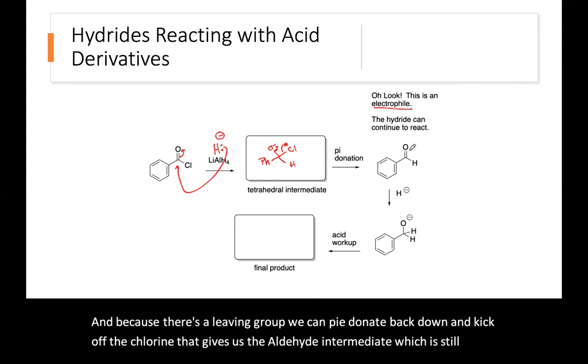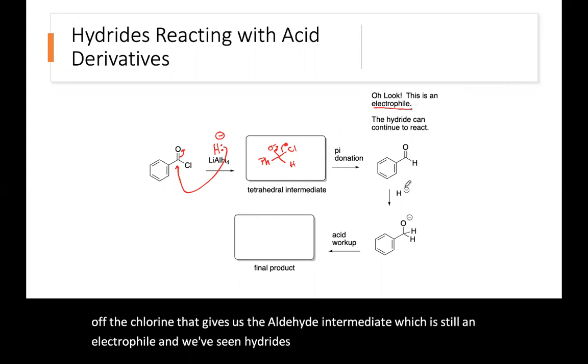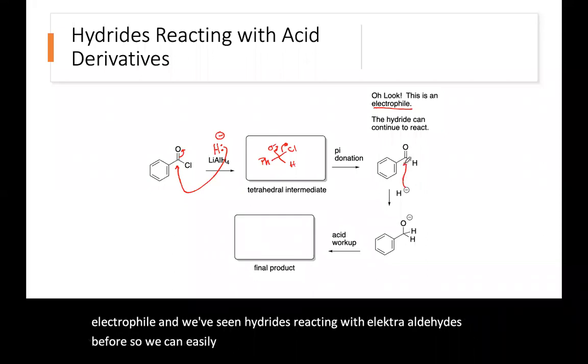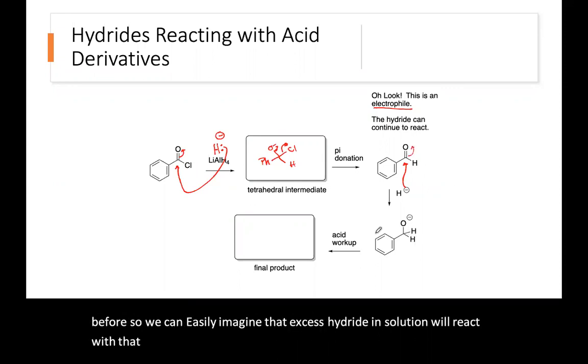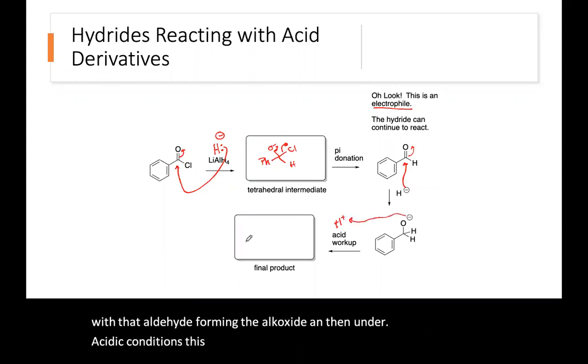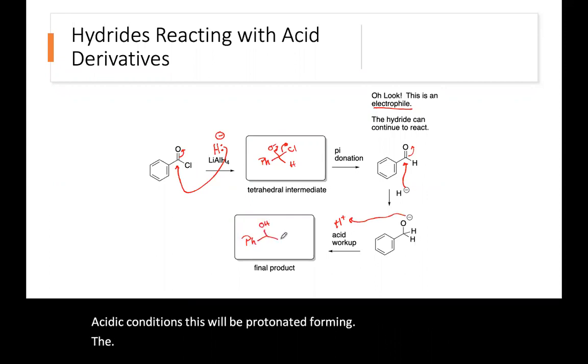And we've seen hydrides reacting with aldehydes before, so we can easily imagine that excess hydride in solution will react with that aldehyde, forming the alkoxide, and then under acidic conditions, this will be protonated, forming the alcohol product.